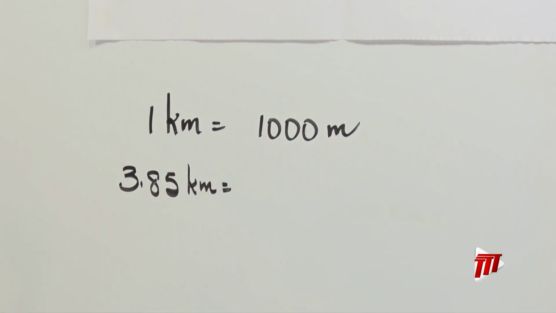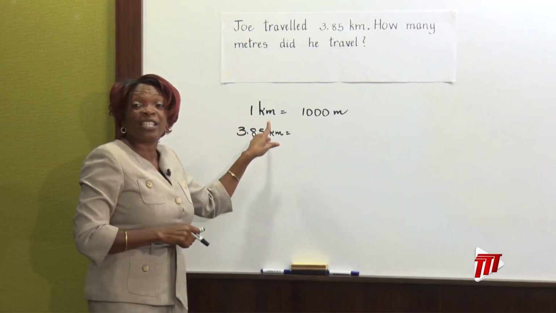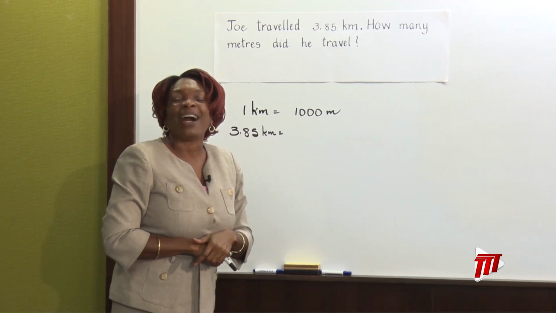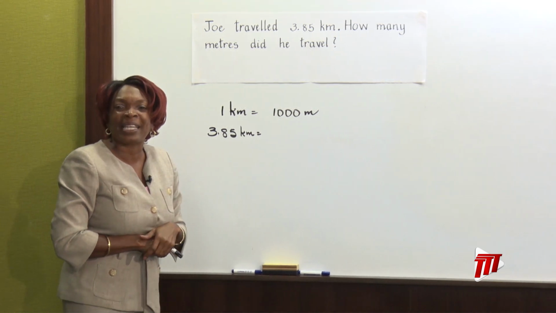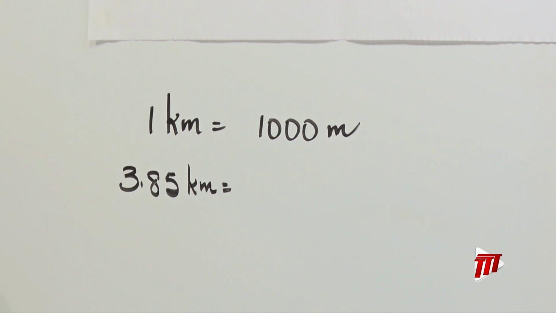Or is it a smaller unit to a larger unit? You are right. We are changing from a larger unit to a smaller unit. So what must we do? We multiply. Excellent. So we're going to multiply to get the number of meters in 3.85 kilometers.